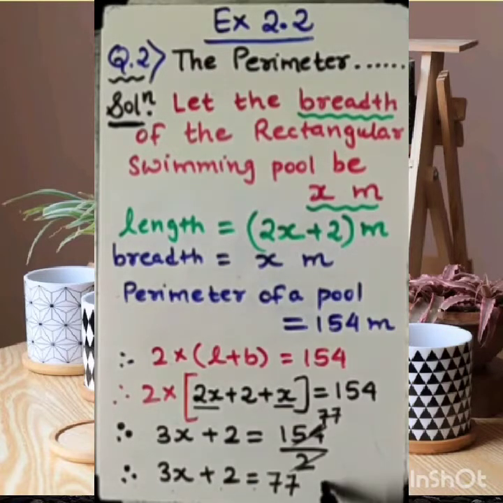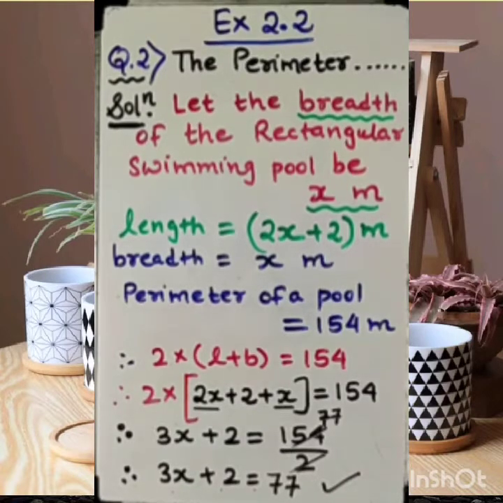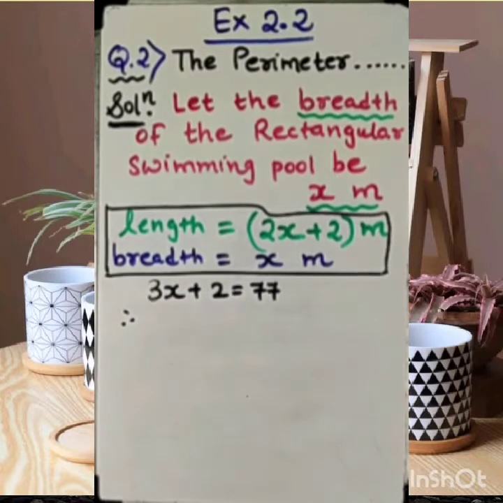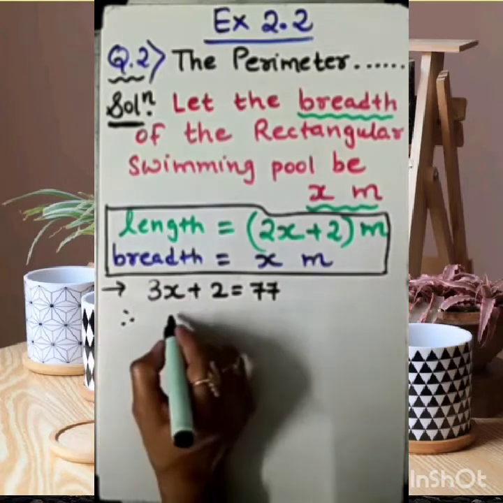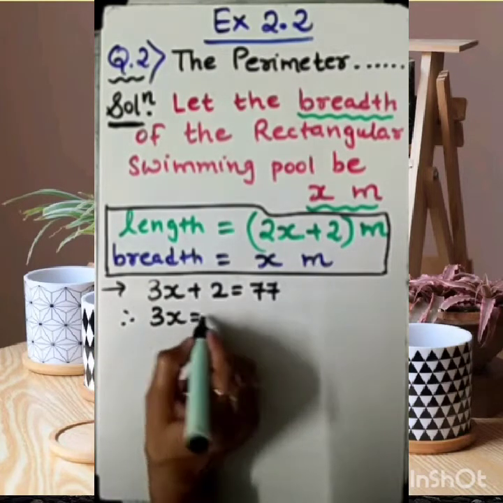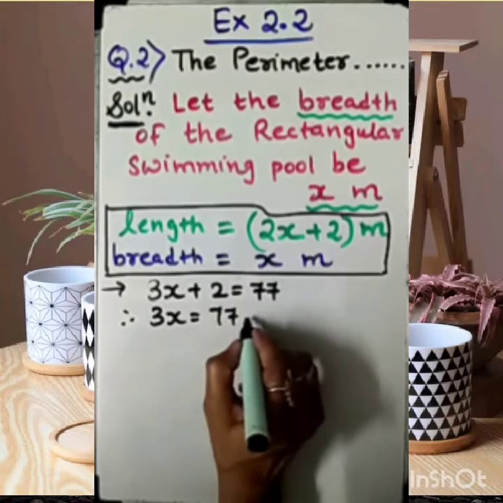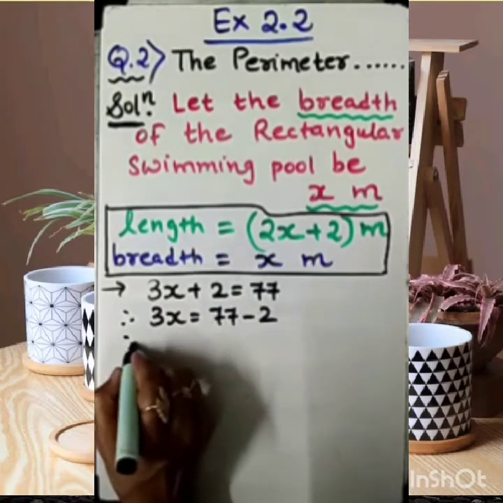Now let's simplify this equation. The linear equation with us is 3x plus 2 equal to 77. From here I am beginning. So dear student, 3x equal to 77 minus 2.